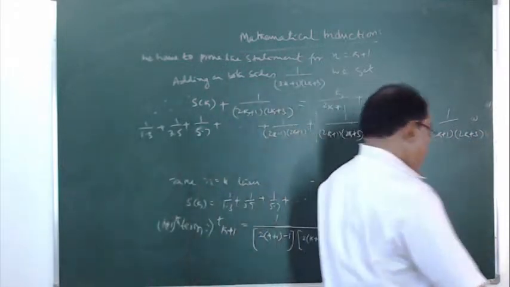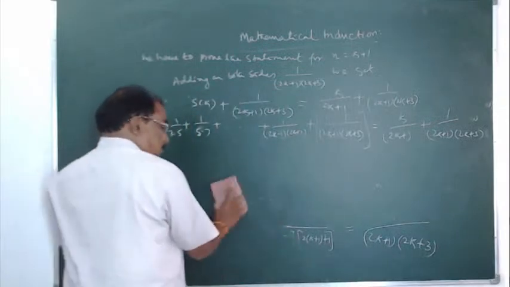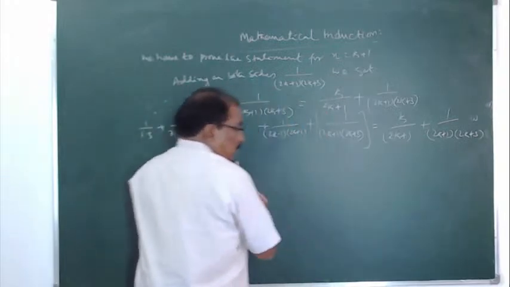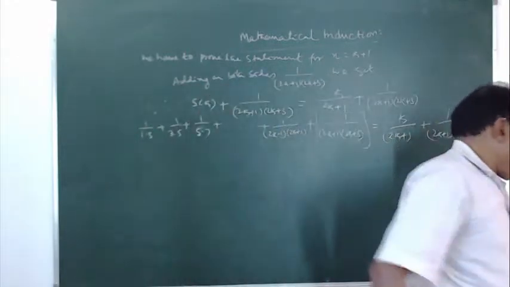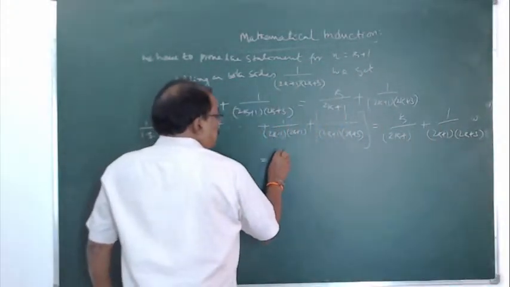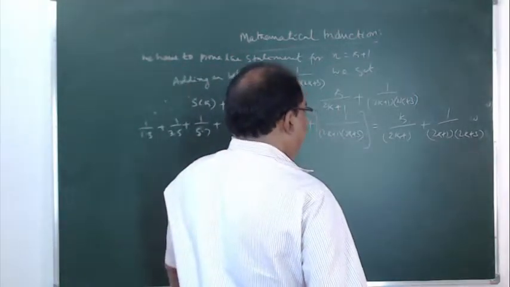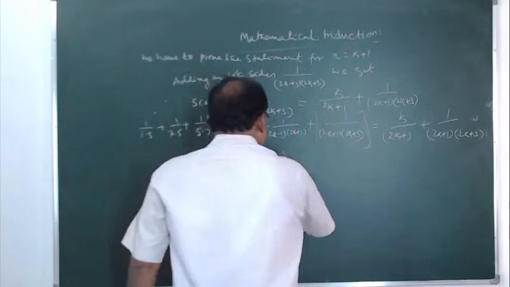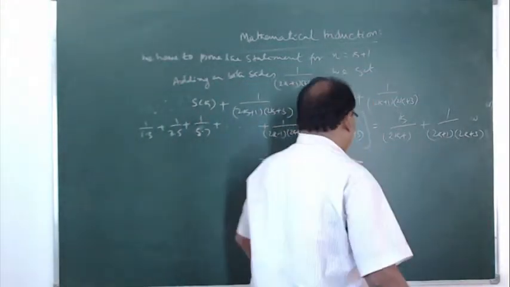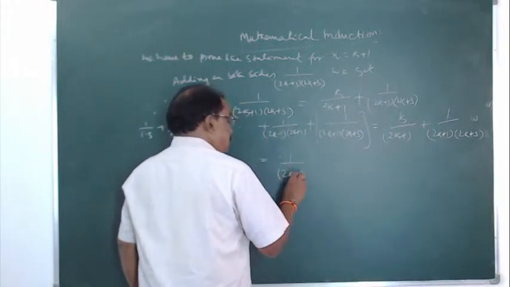Therefore, on the RHS, in this expression take 1 by (2k plus 1) as common.